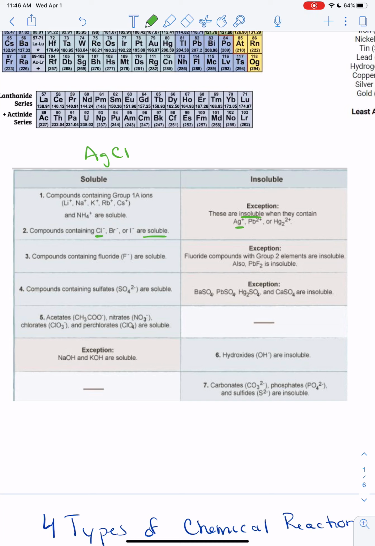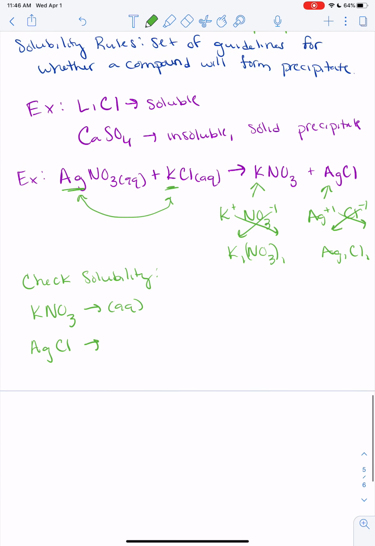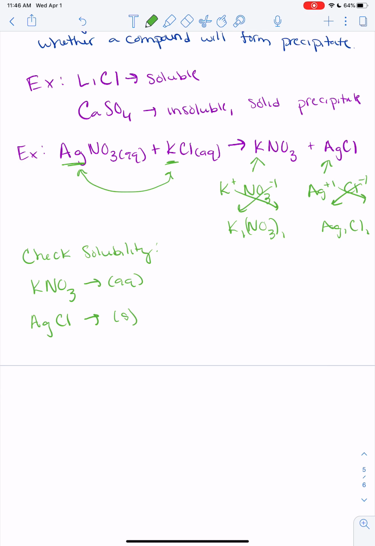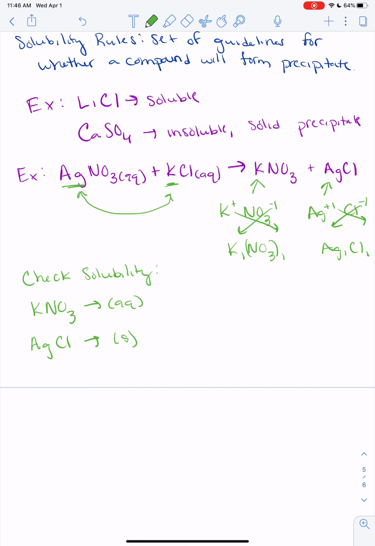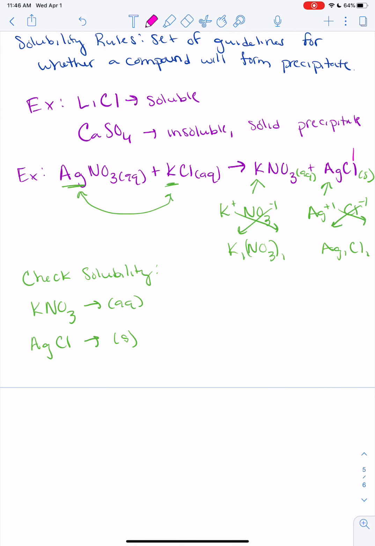Since it's an exception, this is going to be insoluble, so it's going to form a solid precipitate. I can go back down and write that. It's going to be solid. So now let's add our state symbols, AQ and solid. And we find that since there is a solid right here, a precipitate is formed, so this is a precipitation reaction.